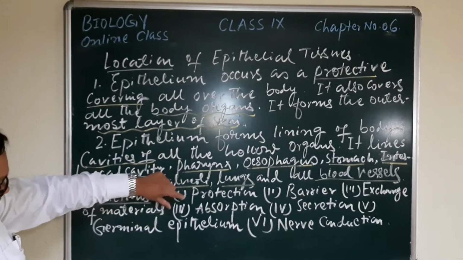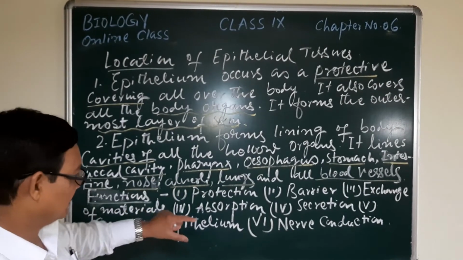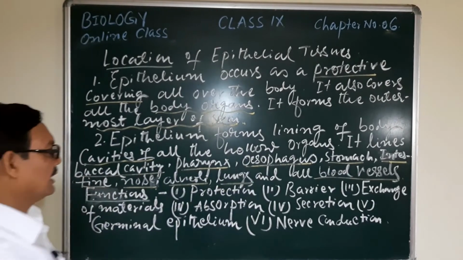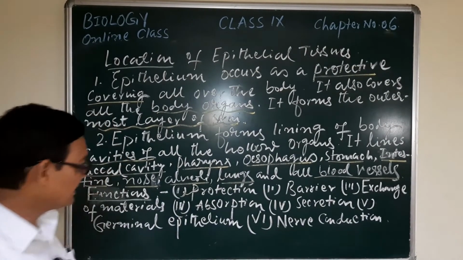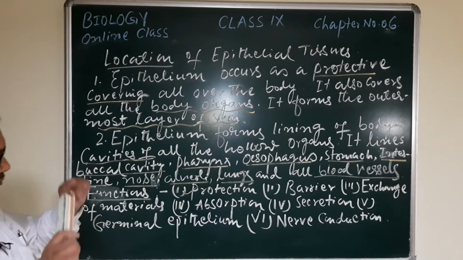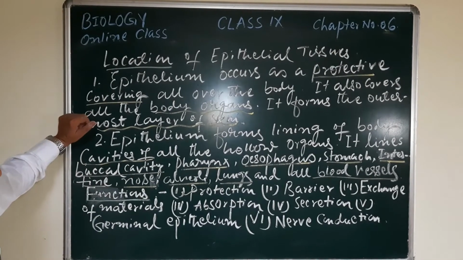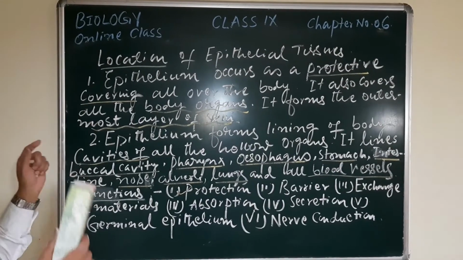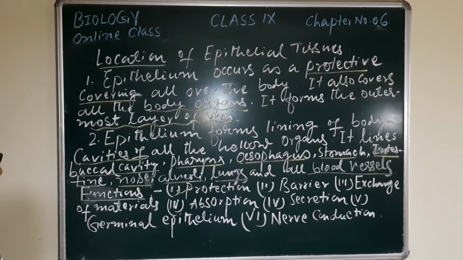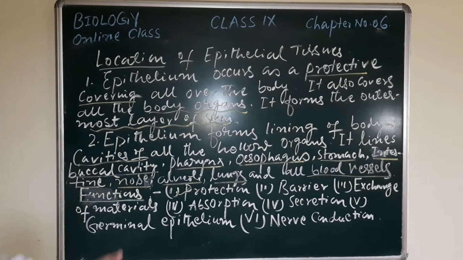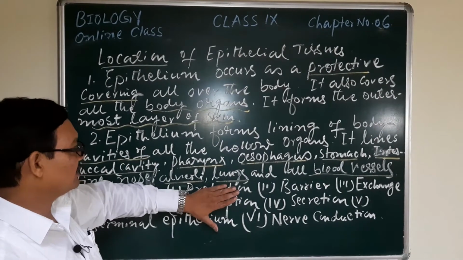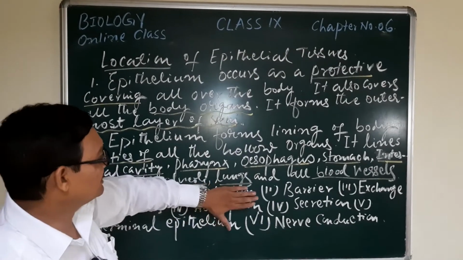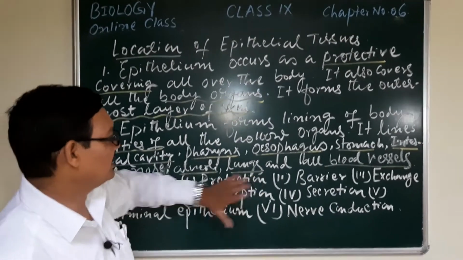Now there are some important functions which I have mentioned here in points. Number one, protection. As it is the continuous sheet of the animal's body, and it covers the entire surfaces of the body, it also protects the internal organs and the hollow cavities. That is why it is protective in nature.